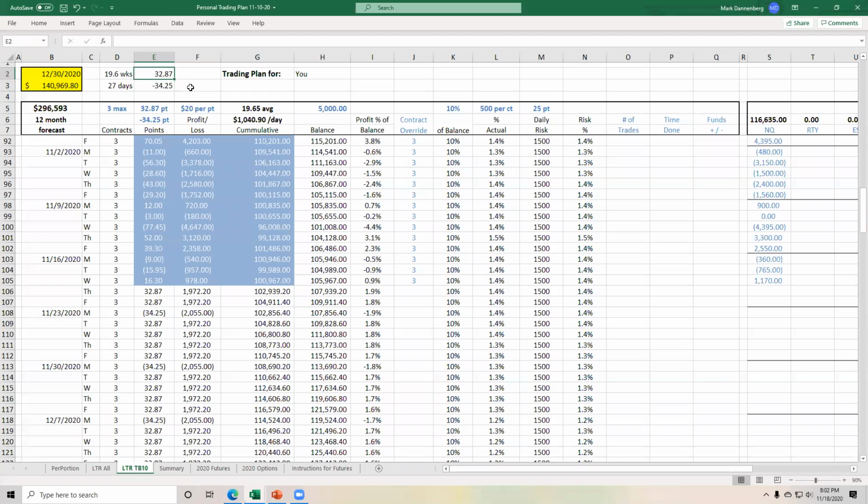We have a run rate of our winning days and a run rate of our losing days, and we know the frequency of our losing days versus our winning days because we have 19.6 weeks behind us and we have 27 days that were losses, so we know that by default the balance of those days are winning days. So this is really just taking a mathematical projection of those particular run rates and forecasting it out for the balance of our 52-week plan.